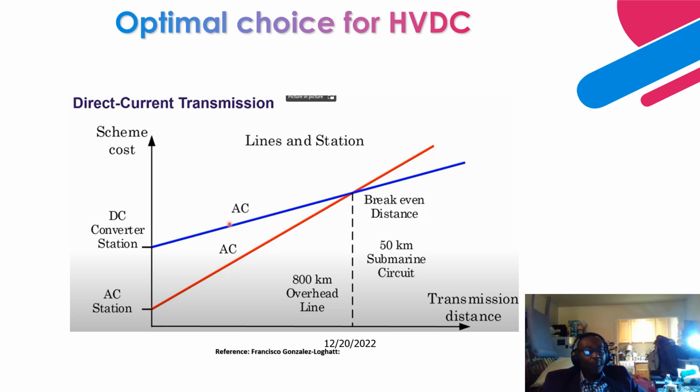So for a DC converter station for an HVDC transmission scheme, we have a higher terminal cost. And what is the reason? It's because the components of an HVDC transmission scheme have a higher cost, especially the converters, which have a much higher cost compared to the AC station. But what is the caveat?